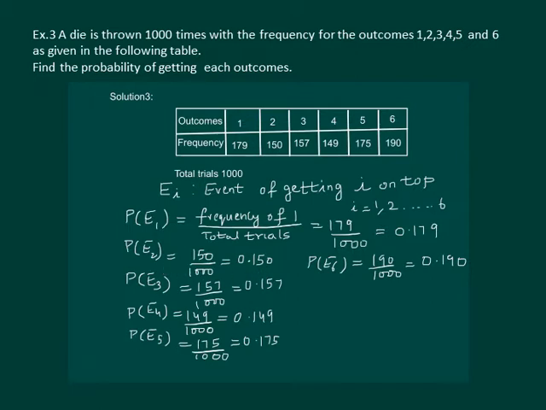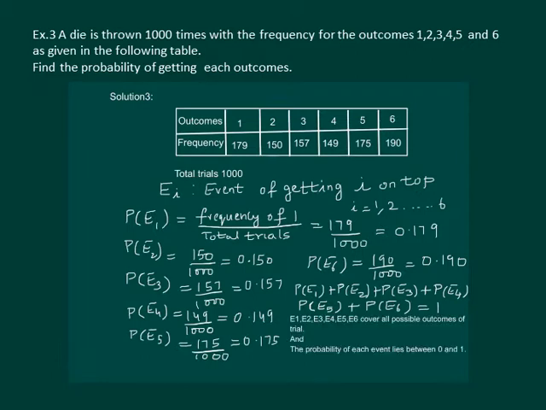After calculating all the probabilities, let us find out the sum of P of E1, P of E2, P of E3, P of E4, P of E5 and P of E6. On adding, you will find that their sum is equal to 1, which shows that E1, E2, E3, E4, E5 and E6 cover all the possible outcomes of the trial.